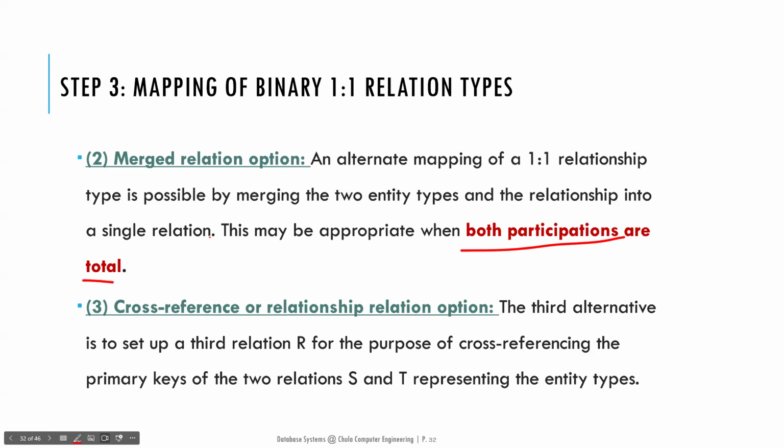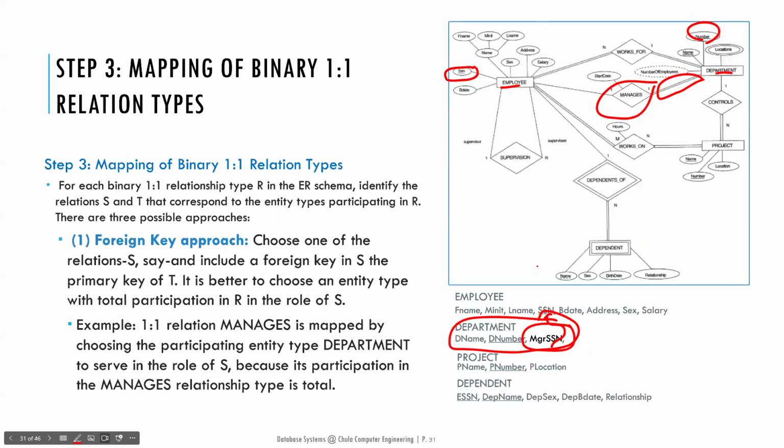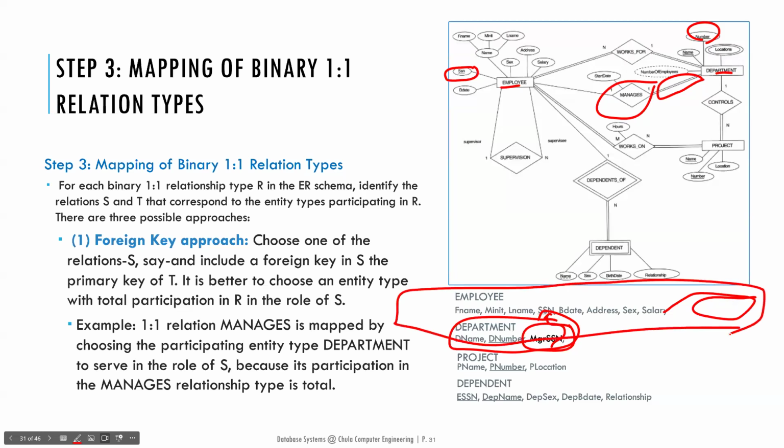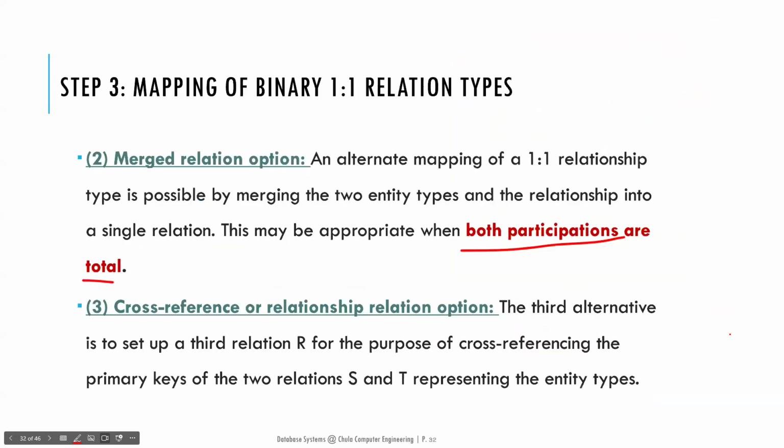When merging, if you are merging them, then you put employee and department together to form just like one big relation. So you don't have department here anymore. Employee will have its attributes, and then you have department connected to it. So it will form like one big relation here. So that is called the merge relation option.